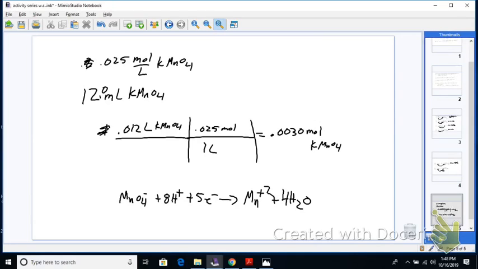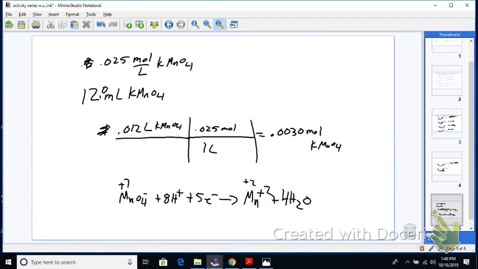So what you're doing is this is a plus 7, and then it's going to a plus 2. So this is a plus 2. I'm going to write that again. So you're adding electrons to it, okay? Where are those electrons coming from? They're coming from the H2O2.